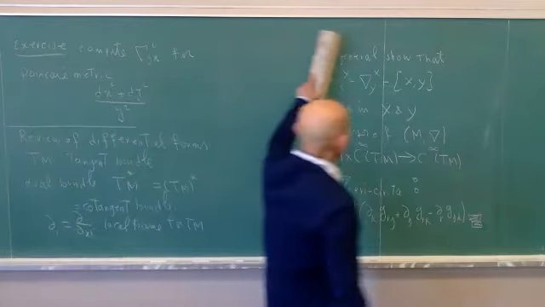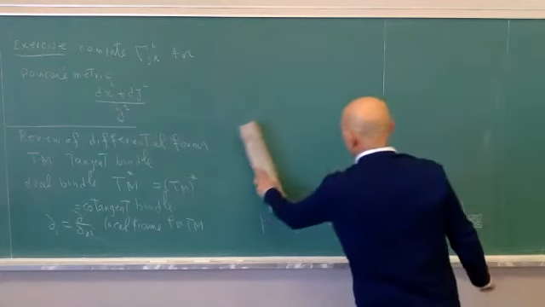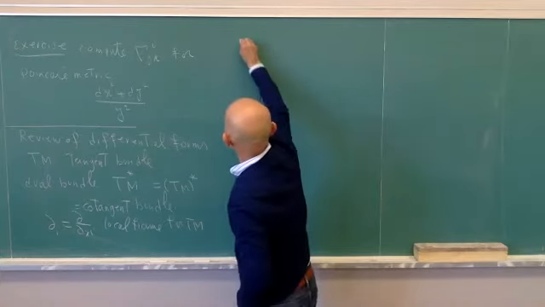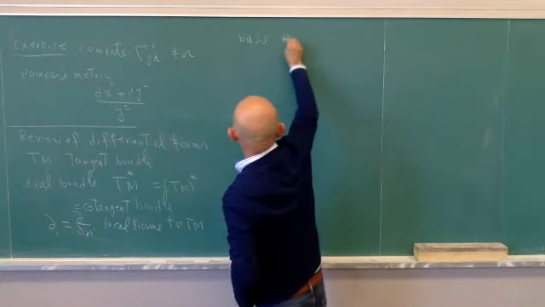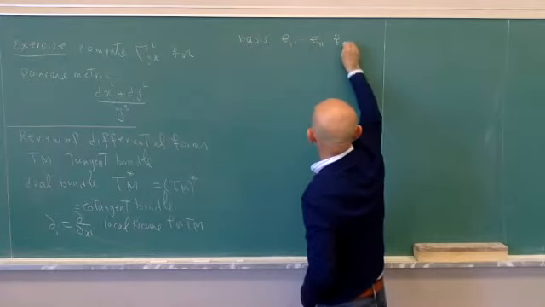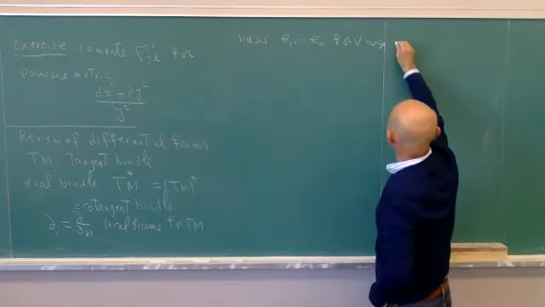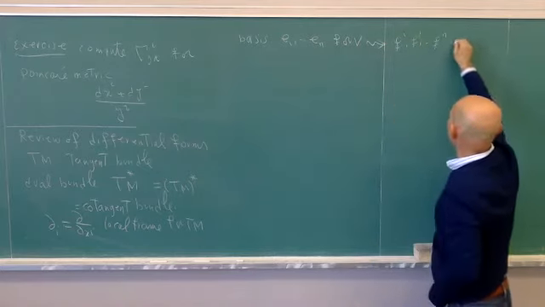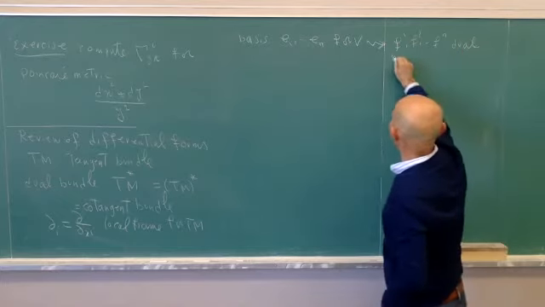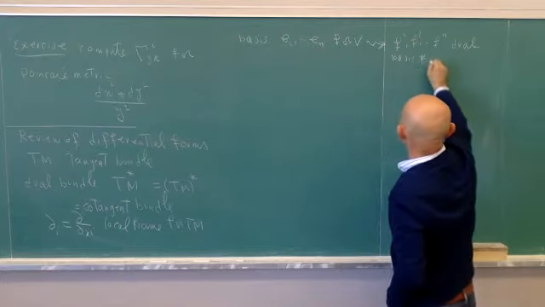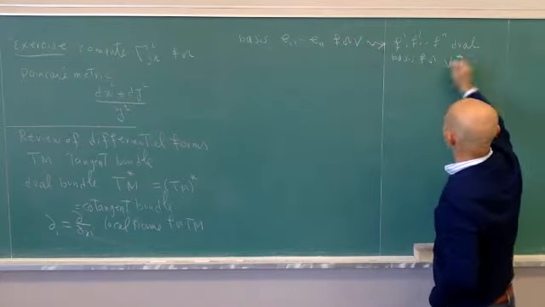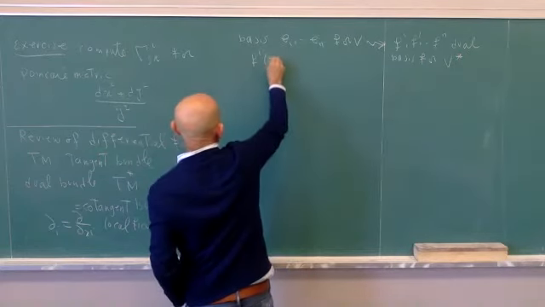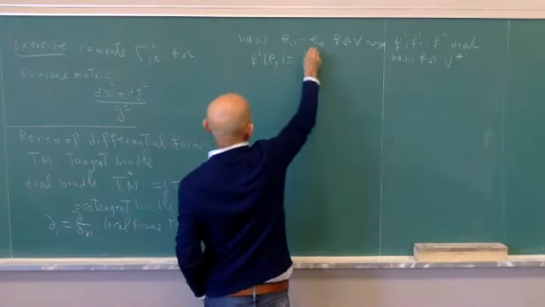So from linear algebra, if you have a basis for V, this gives you a basis F^1, F^2, ..., F^n, which is the dual basis for the dual space V star. And remember, these are defined by F^i(e_j) equals delta_ij.